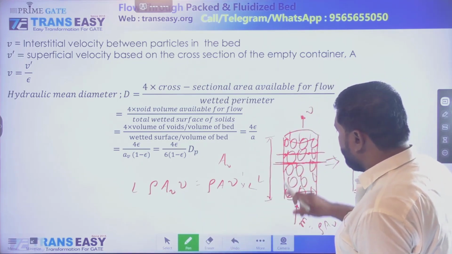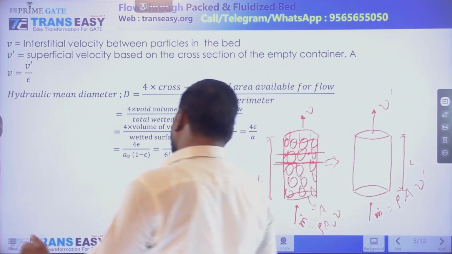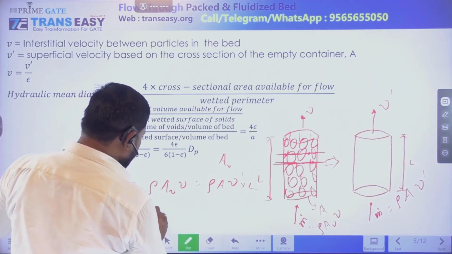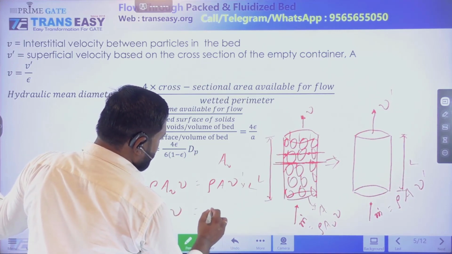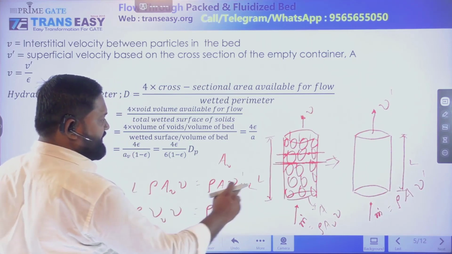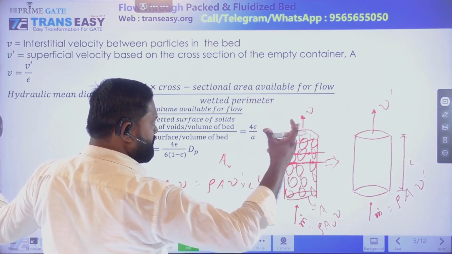Similarly, we multiply by L, which gives the total volume of the void. This Av into L is the volume of the void, and cross-section area into L, that is height, is the total volume of the bed.